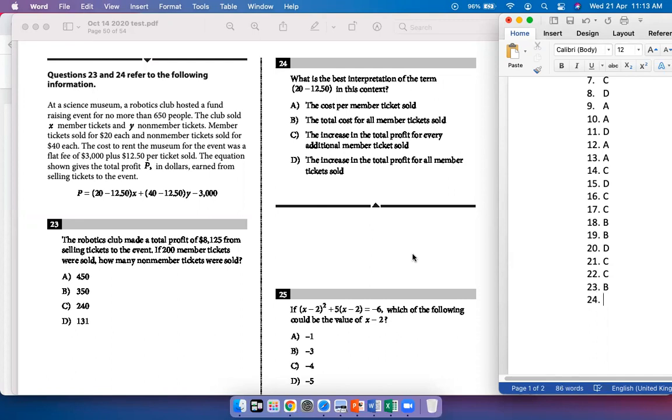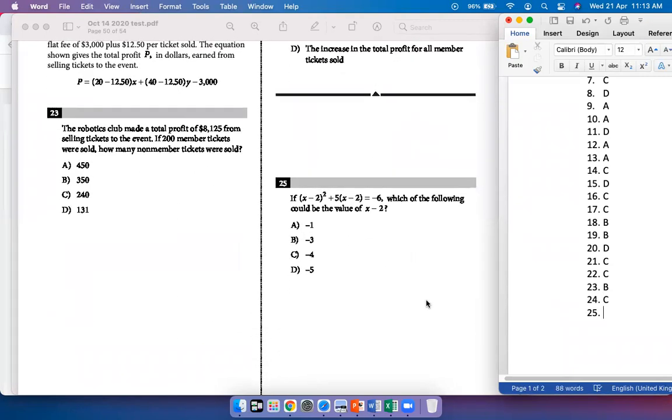The second expression gives the profit from non-member tickets, and then 3000 is the cost to rent, so that's subtracted. So this is the increase in the total profit for every additional member ticket sold. That's option C, right? It's not cost, so A and B are out. And it's for every additional member, not all members, because we multiply it with X. So C is the answer.